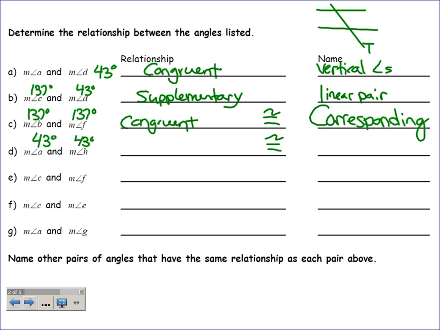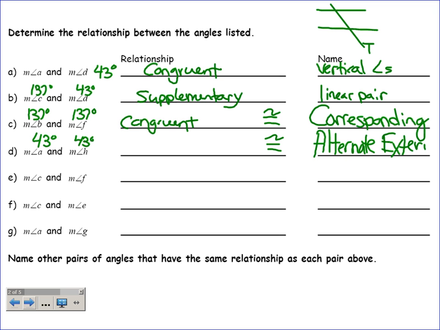We're going to call that word alternate. I'll actually write the whole word out. Alternate. And are they in between the parallel lines, or are they on the outside? Outside, okay? So the technical term for outside is exterior.